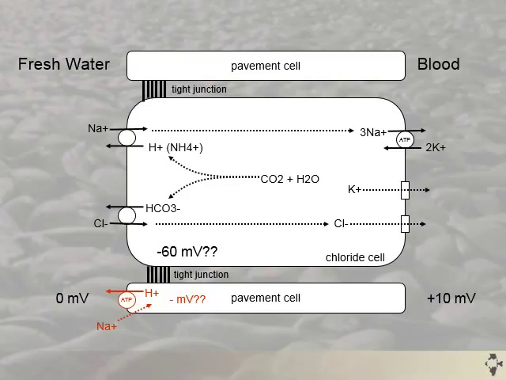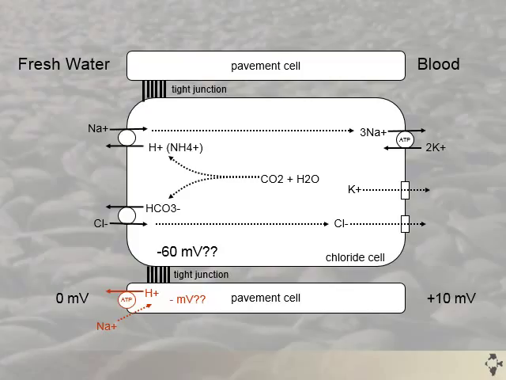So in the chloride cells and in the supporting accessory and/or pavement cells, because of all the ion transport that's going on, you can get separations of charges. You can get an accumulation of positive ions on one side of a membrane or an accumulation of negative ions on the other side, and this separation of charge may also facilitate attraction or export of these positively or negatively charged ions.